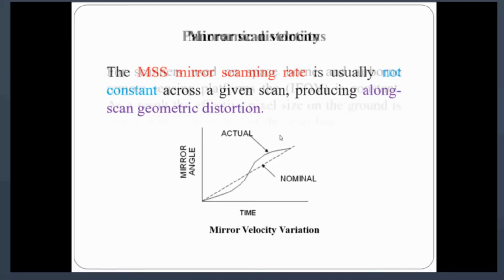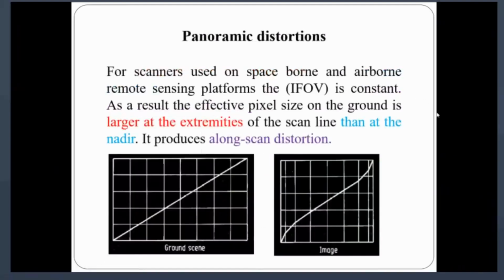Then another kind of geometric distortion could be panoramic distortion. Now, what happens is, at the nadir, and if you see at the corners of the swath, the effective pixel size on the ground is larger at the extremities of the scan line than at the nadir. Because at this end of the swath, at these extreme points, more area is captured by the satellite pixels compared to that at the nadir.